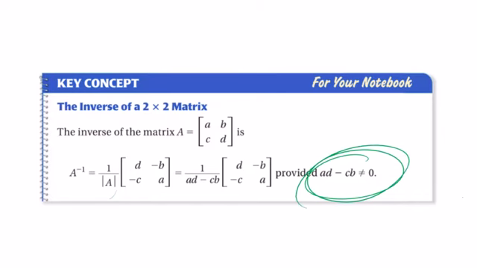It's easiest if we look at an example. Example 1: find the inverse of A. First I write A inverse equals 1 over the determinant, which is 3 times 5, or 15, minus 2 times 8.